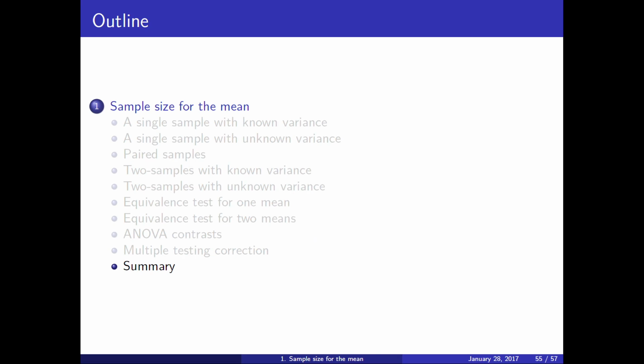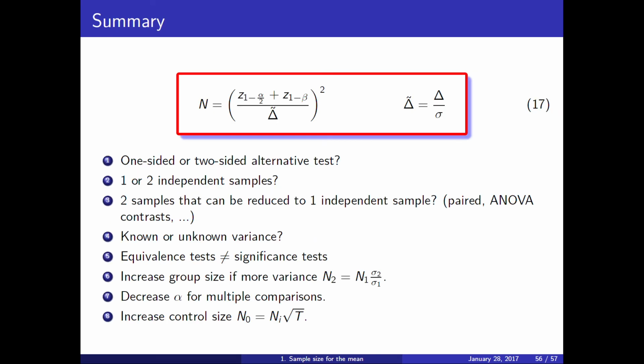Okay, so summary of this part. All the calculations of the sample size when you are comparing means respond to this kind of formula, where you have a term that depends on the confidence level, a term that depends on the statistical power, divided by a normalized effect size.